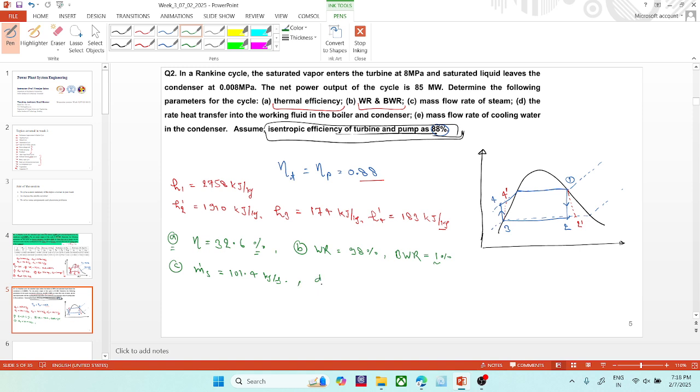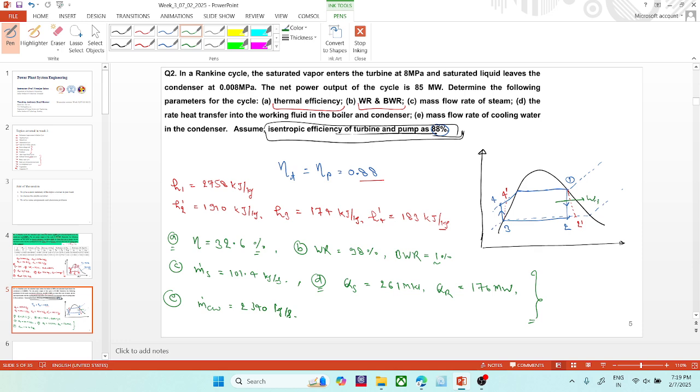Then in the D part, the heat supplied will come as 261 megawatt, and heat rejected would be 176 megawatt. In the last part, when you calculate the mass flow rate of the cooling water in the condenser, it would come as 2340 kg per second. So I request you to please check these values.